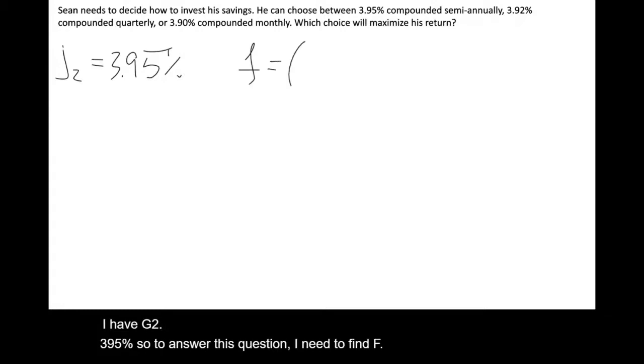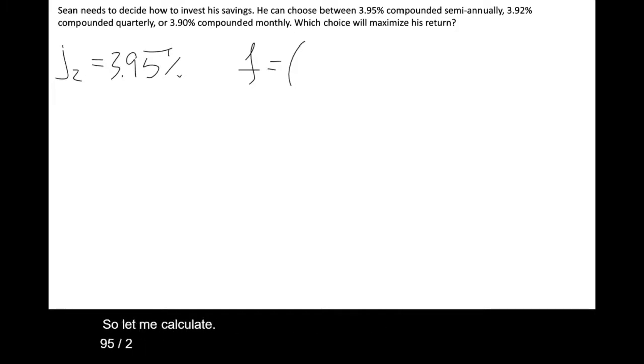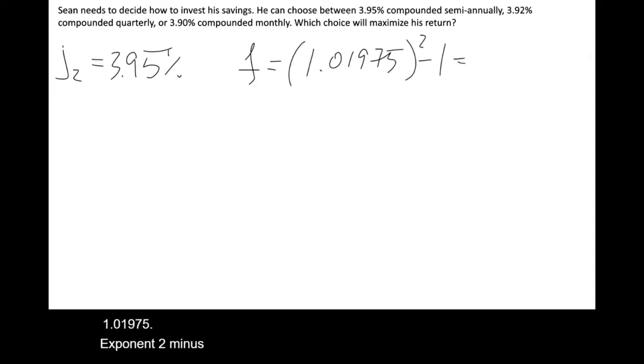So let me calculate 0.0395 over 2, 1.01975, exponent 2 minus 1. And in this case, I want to have maximum accuracy, because quite often they're very close.